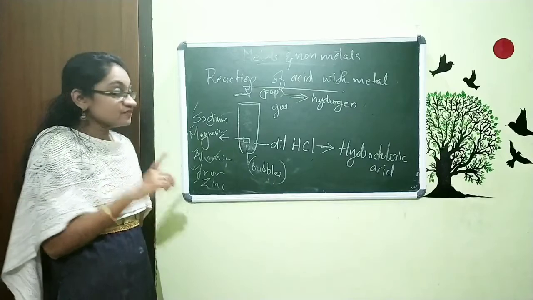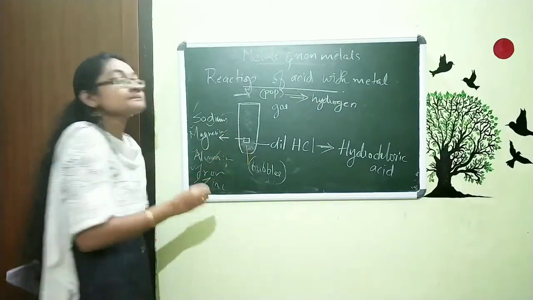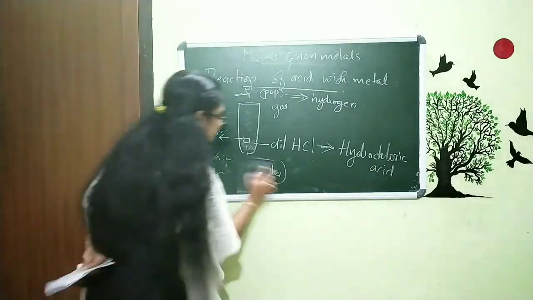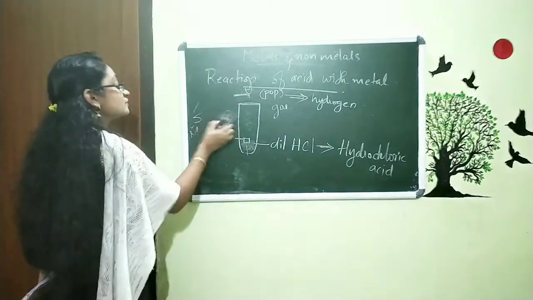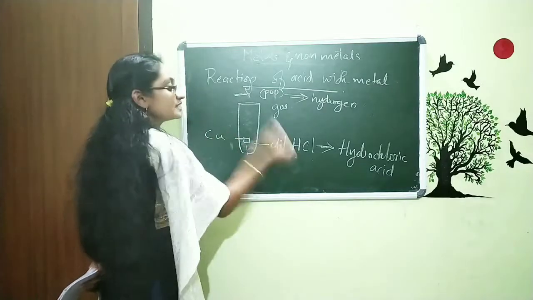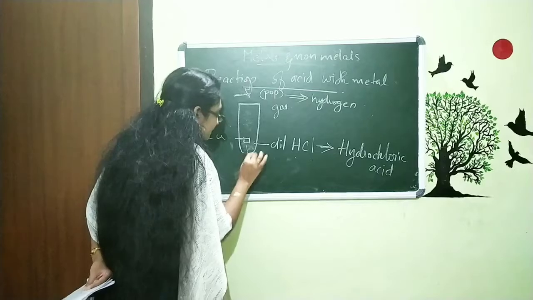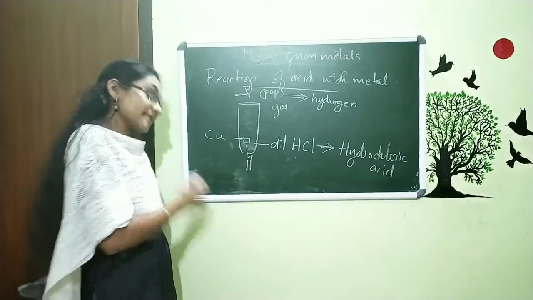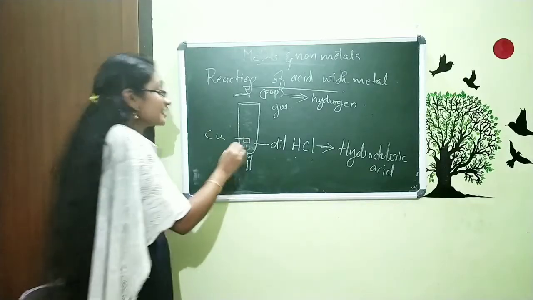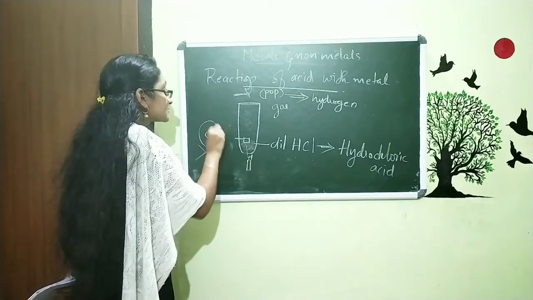And I already said that when we increase the temperature, that means when we give heat to this mixture, the reaction increases. Now in this test tube there is copper metal and dilute hydrochloric acid. When I put a burner here and heat this, and observe again, are any bubbles formed? No, even after heating there is no reaction for this copper.